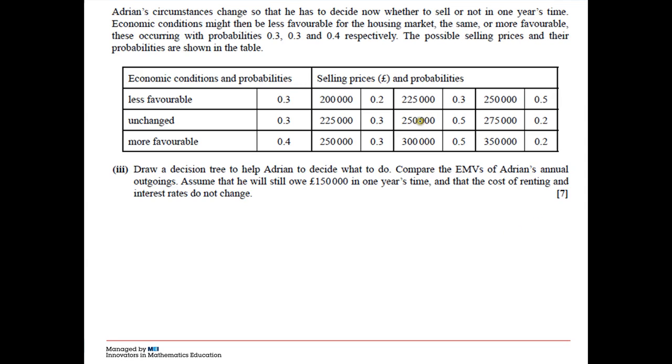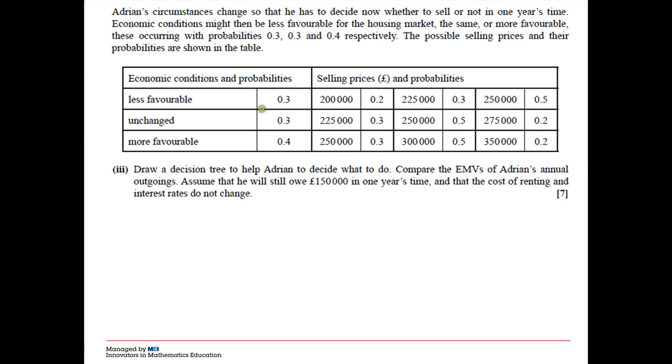Right, the next part of the question. His circumstances change, so he's now going to decide whether or not to sell in a year's time. And what's happening now is that as well as deciding whether or not to sell, he's also got all of this information about what the economic situation might be like in a year's time.